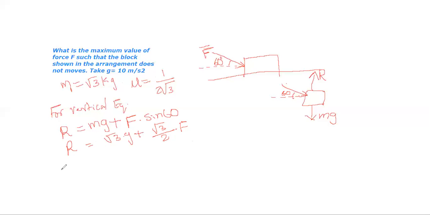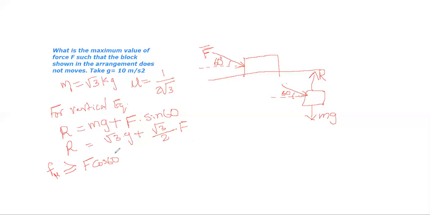And we know that if the block should stay without moving when we are applying a force, then the force with consideration of friction should be greater than F cos 60.